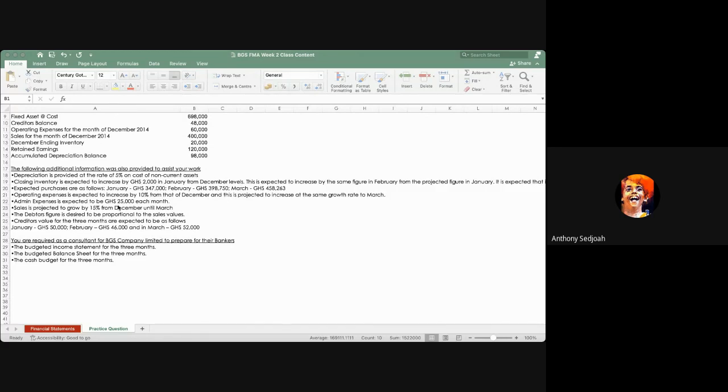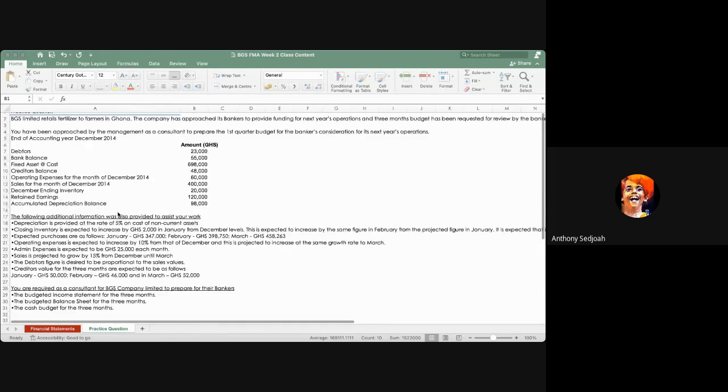The difference I'm trying to draw your attention to is that usually when you're preparing financial statements, you prepare for things that have happened in the past. Let's say this year has ended. Most organizations are now preparing their financial statements for 2022. So they are using past information to prepare their financial statements.